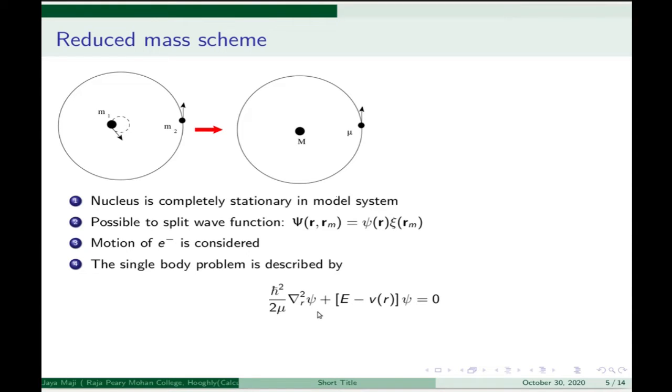Here psi denotes the wave function of the electron, and mod psi squared would be the probability to find the electron in space. Now our job is to find the solution of this equation, and this equation is in Cartesian coordinates, and it's difficult to find the solution of such an equation in coordinate space.